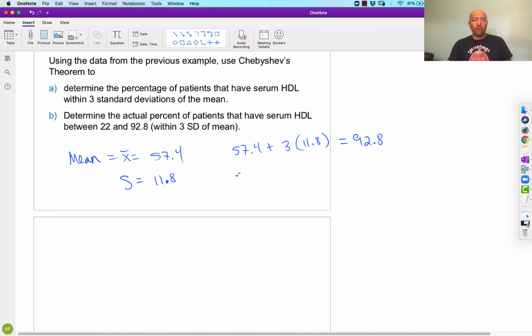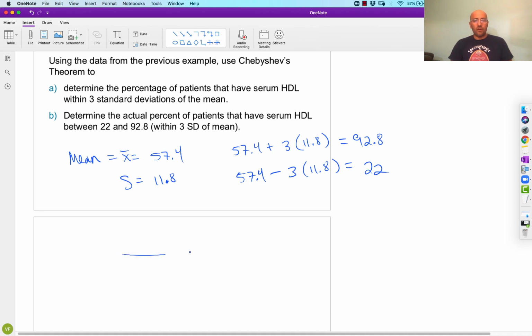And if we do 57.4 minus 3 times 11.8, we get to the 22. So check that. 57.4 minus 3 times 11.8, 22.